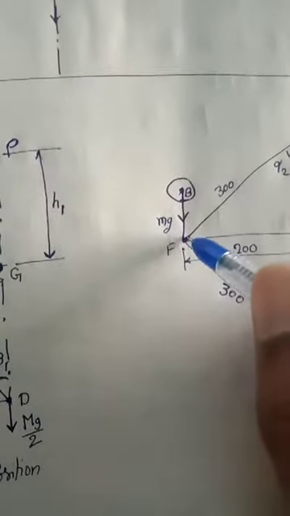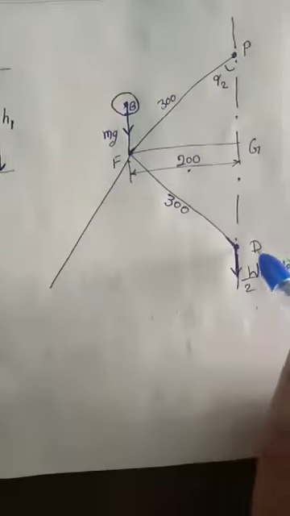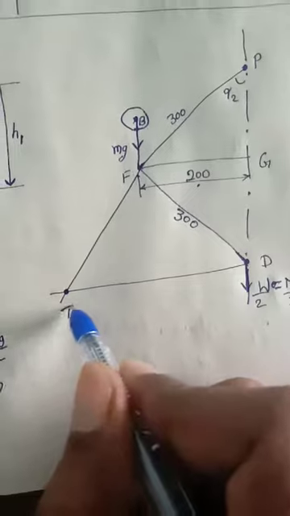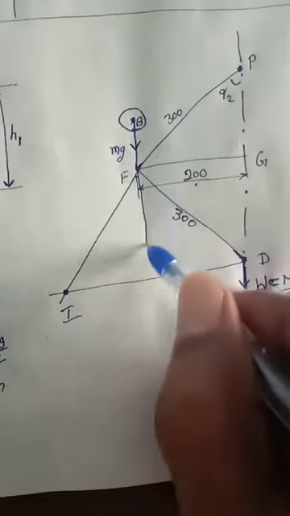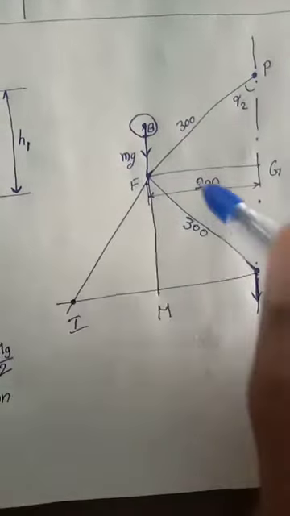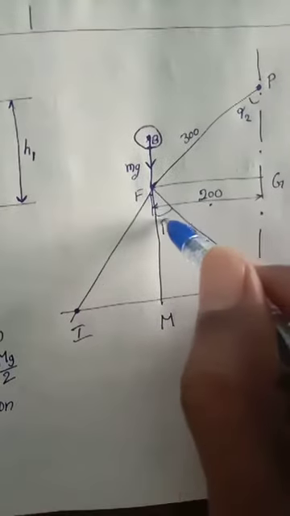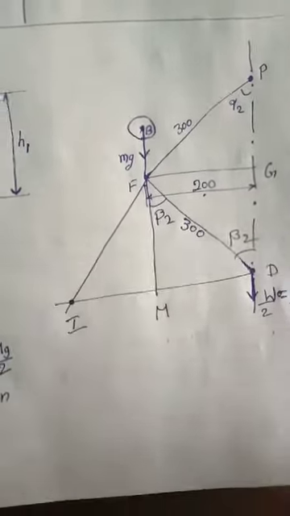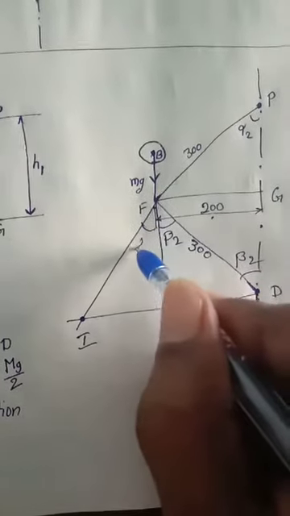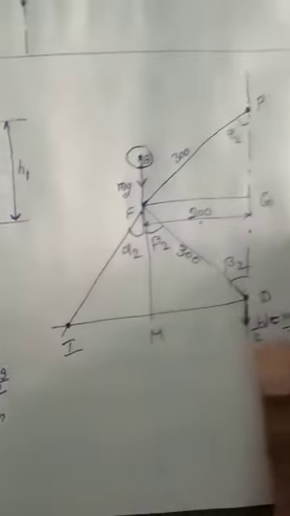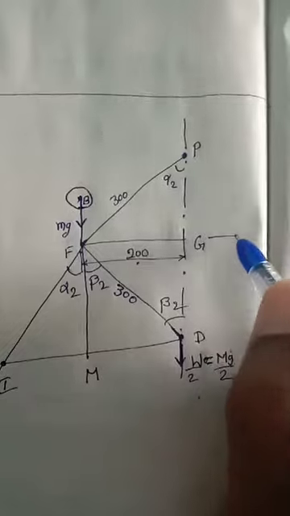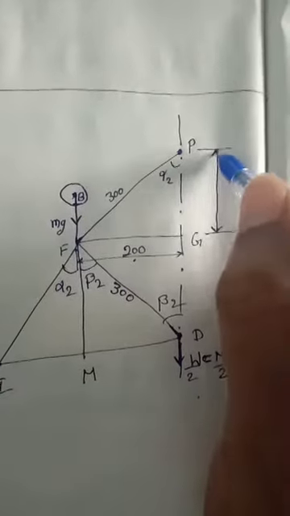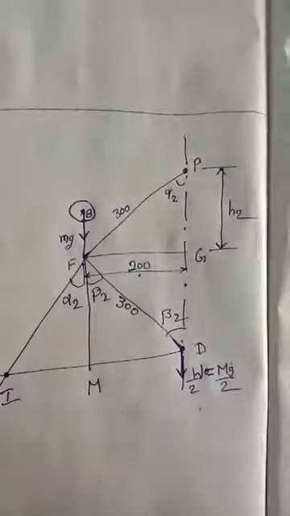We are going to apply the instantaneous centre, so this is I, and this is M. This is beta 2, because here is also beta 2, and this is alpha 2. Now here to here the height is called H2.